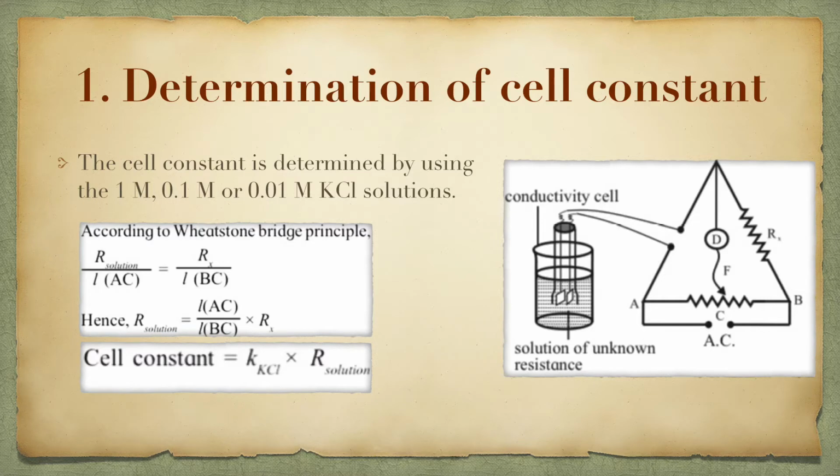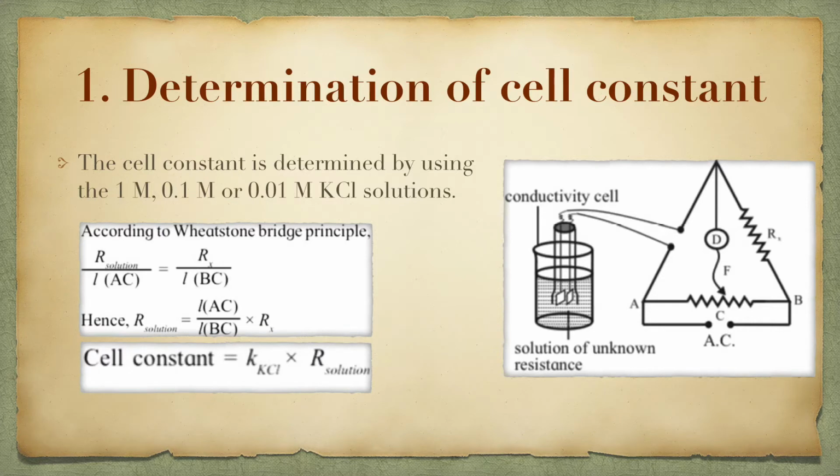The cell constant is determined by using 1 molar, 0.1 molar or 0.01 molar KCl solution. The conductivity of KCl solution is already available in tabulated form at various temperatures.